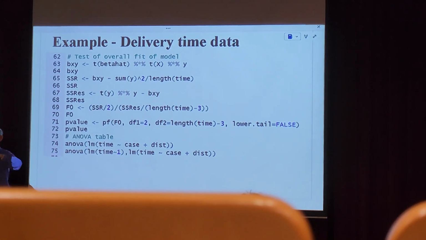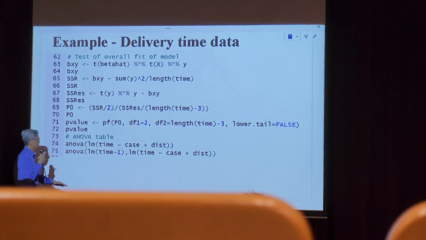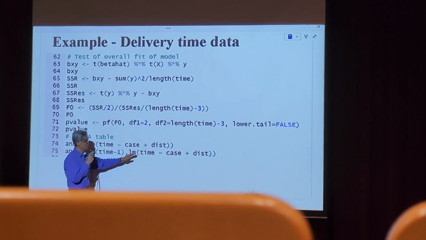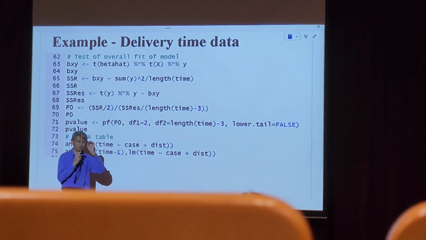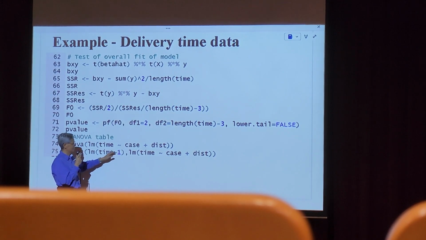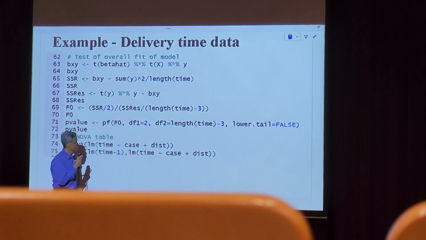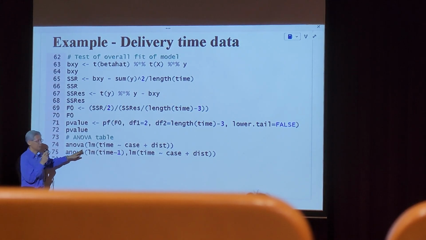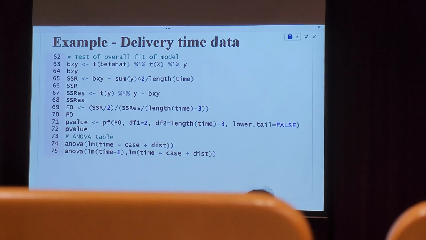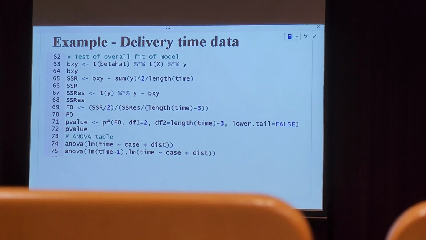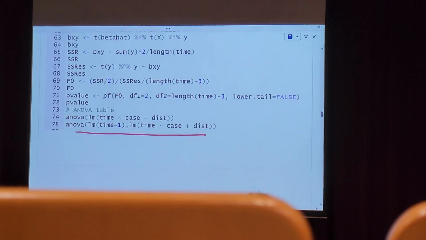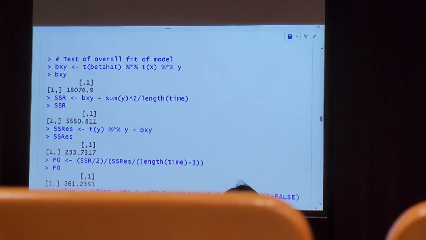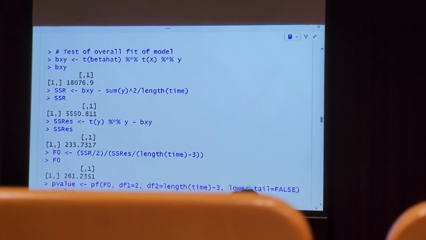You are actually fitting with beta naught, a constant. So when you fit this, you will also include beta naught. You take the difference between these two to test for case and distance. So that's how you can test for the overall model. So you can look at all the output.